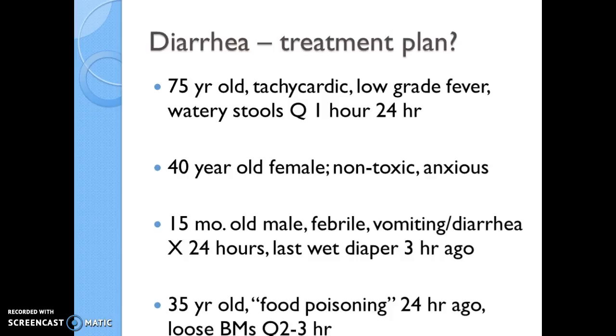The 35-year-old with food poisoning, we might give them some medication. Again, they're not infectious. We might wait 24 hours to see if we could get most of the food poisoning out of their system, but then they might be a good candidate for some antidiarrheal medication. I'm going to stop there, and we will be touching upon these medications in the next slide set about IBS.